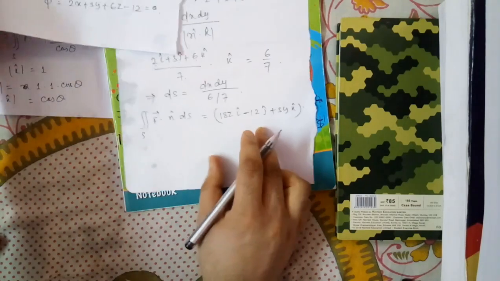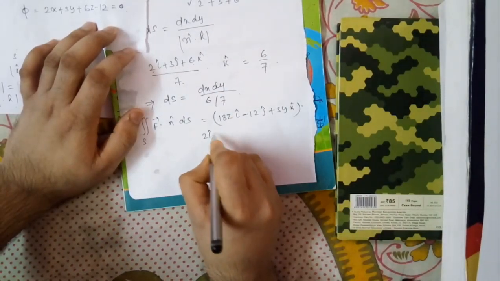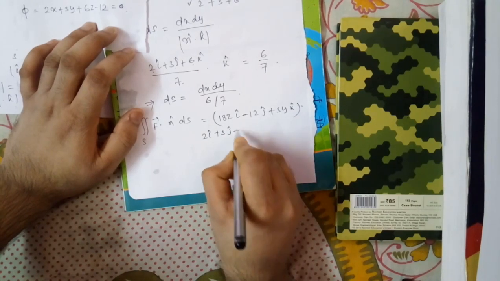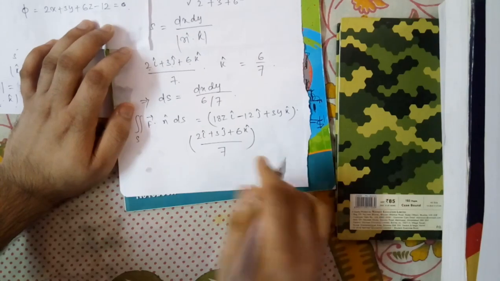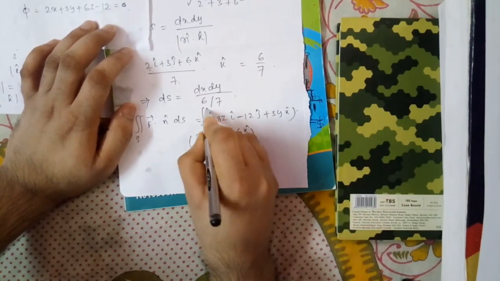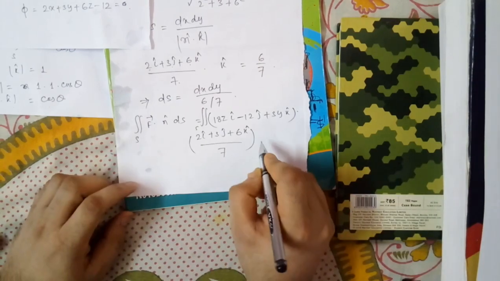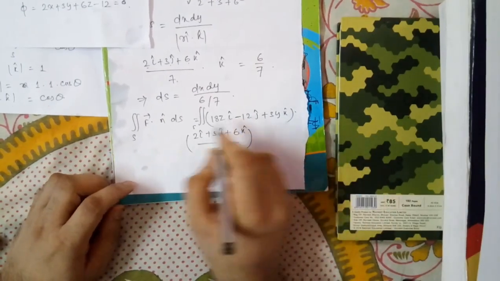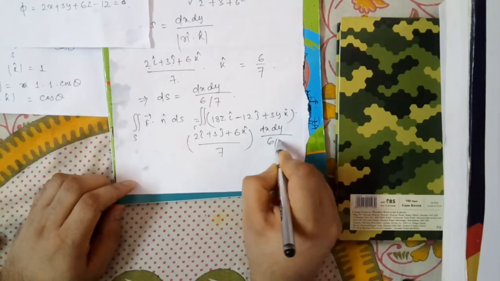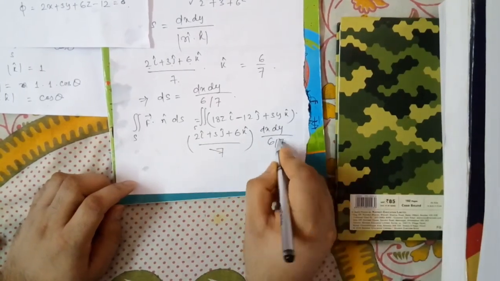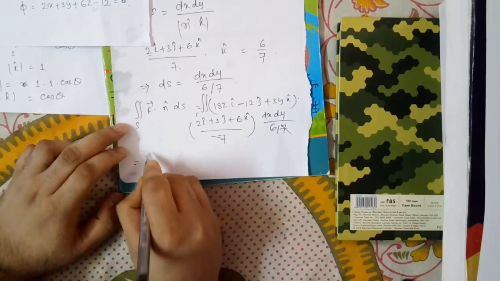What is n cap? This is our n cap. F dot n cap ds. Now this ds, our ds is, so this 7 and the 7 get cancelled. So this is our final result.